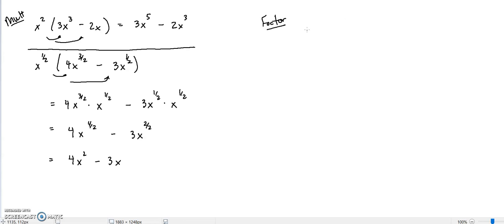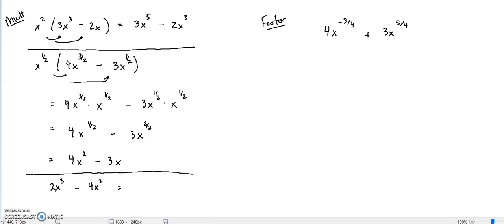And now we're going to factor. All right, so let's say we have something like 4x to the negative 3/4 plus 3x to the 5/4. Actually, you know what? Before we factor, let's remember a basic example, okay? So I'm going to do a little factoring one over here. Let's say we have 2x to the 3rd minus 4x squared. All right, so usually when you factor, you want to take out the largest number that you can and any coefficient.